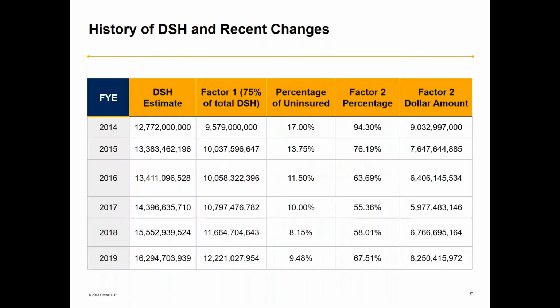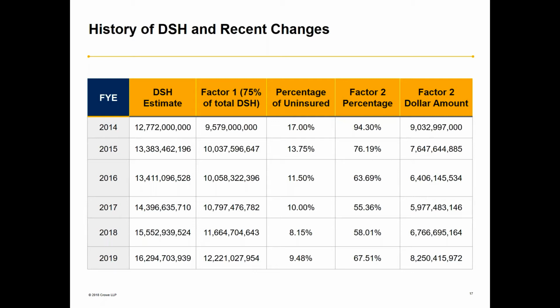So if we take a look at this next slide, this grid that I've laid out here kind of shows us from 2014 through 2019 where the DSH payments and that uncompensated care payment lie right now. Let's take a look at that first column, the DSH estimate.